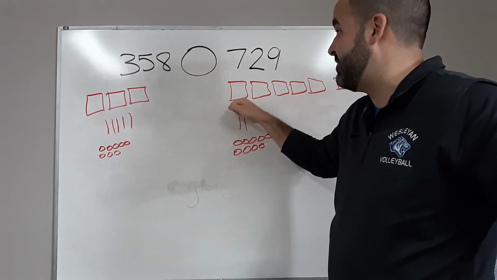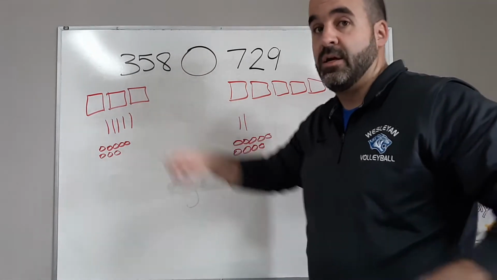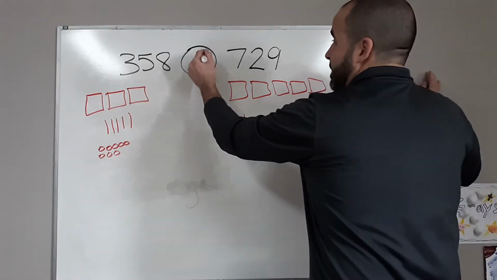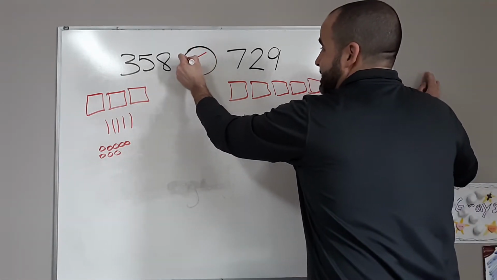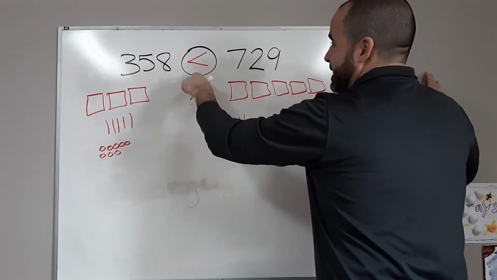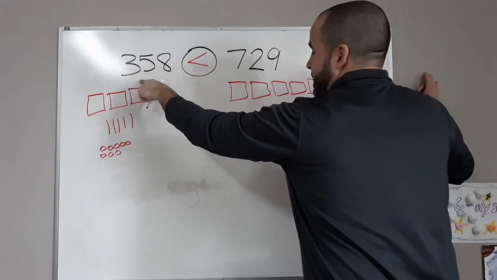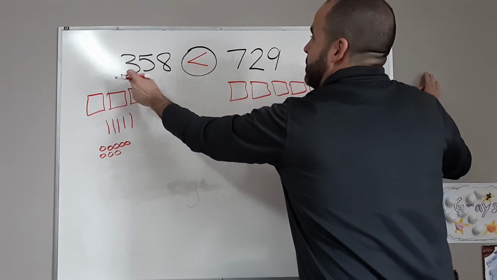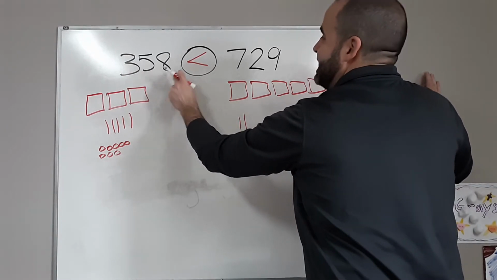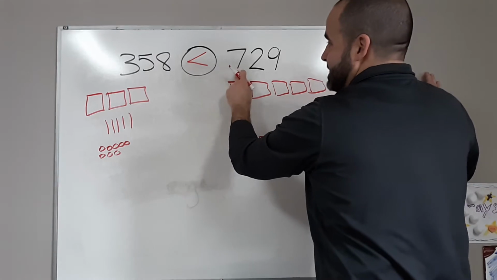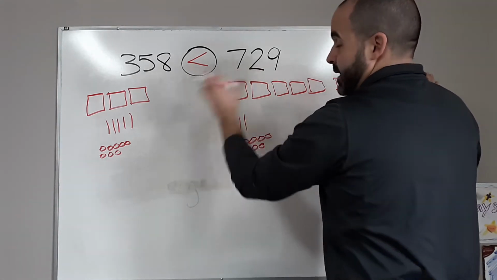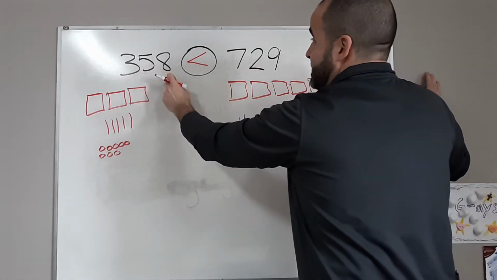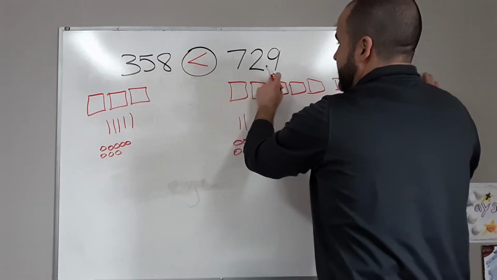In this case, 7 is greater than 3. So my symbol that I'm going to put in here is going to be open to the 7, because 7 is greater than 3. But here's how we read it. Let's start over here and let's read it together. Ready? 358 is less than 729. Okay? 358 is less than 729.